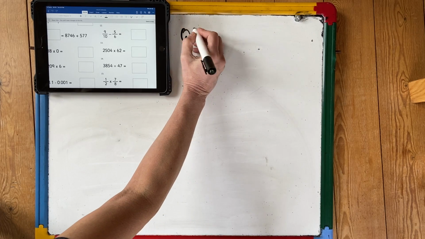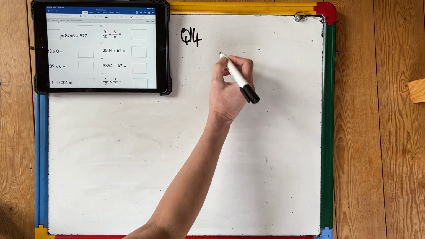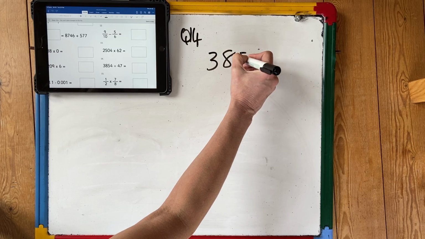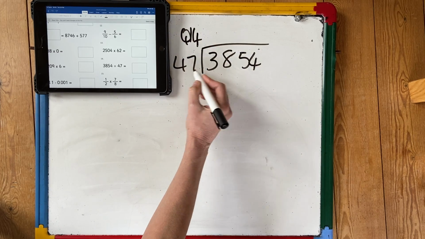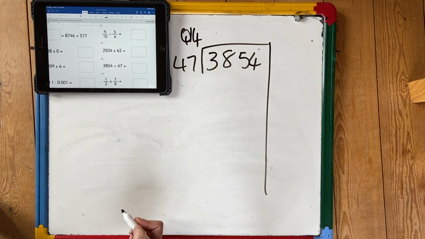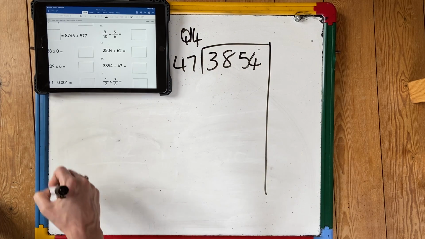Question 14. 3,854 divided by 47. So how many 47s are in 3,854? So you need to do your starburst here.